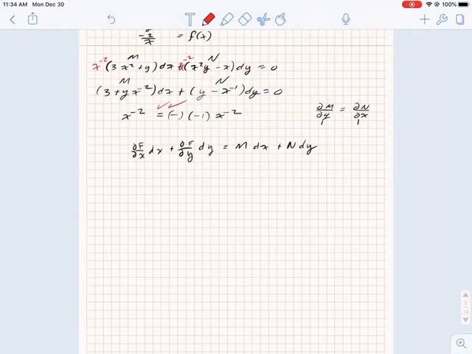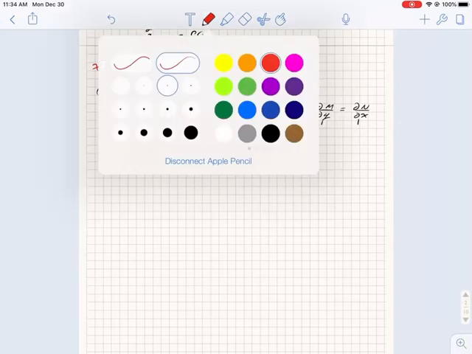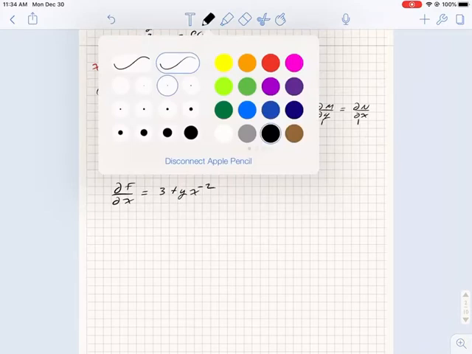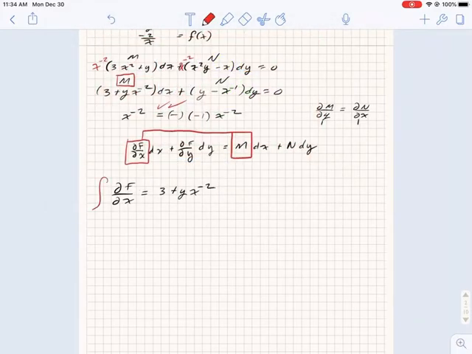So using equation 2, we can say that the partial derivative of some function is equal to m, which is this part right here. So we could say that the partial derivative of some function with respect to x is equal to 3 plus y x to the minus 2.